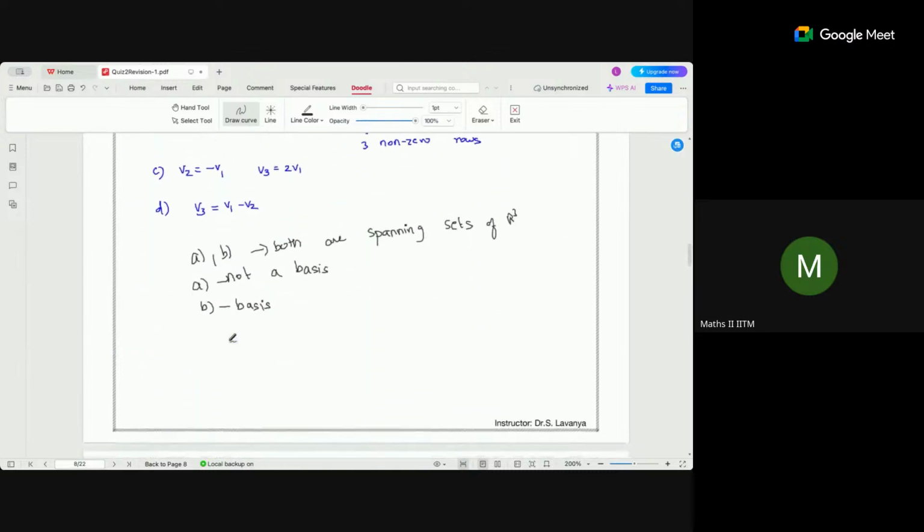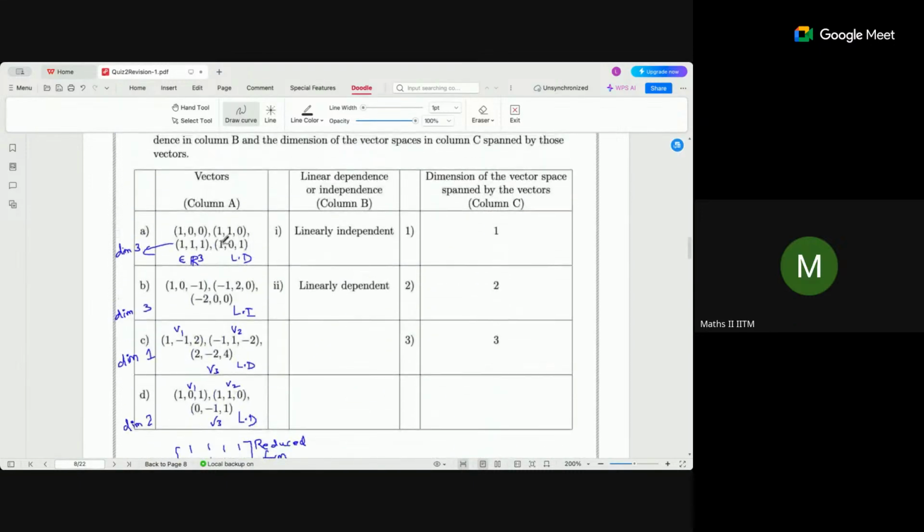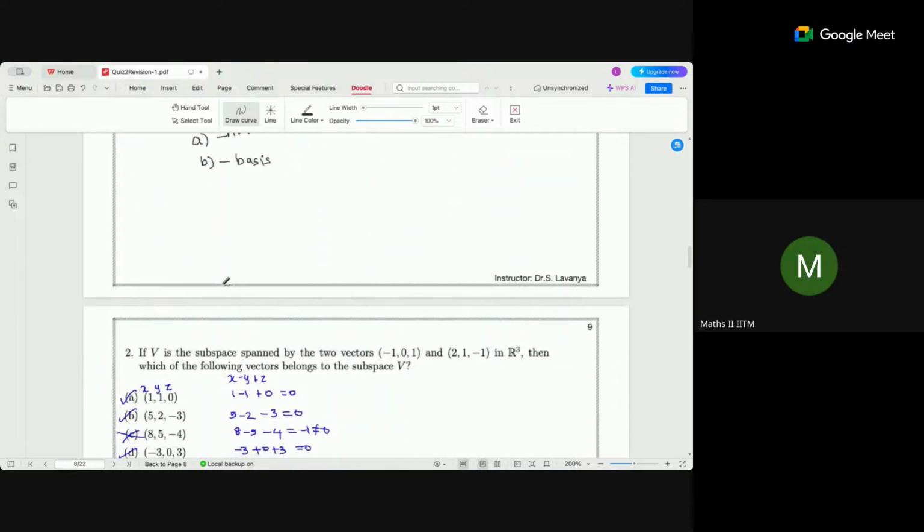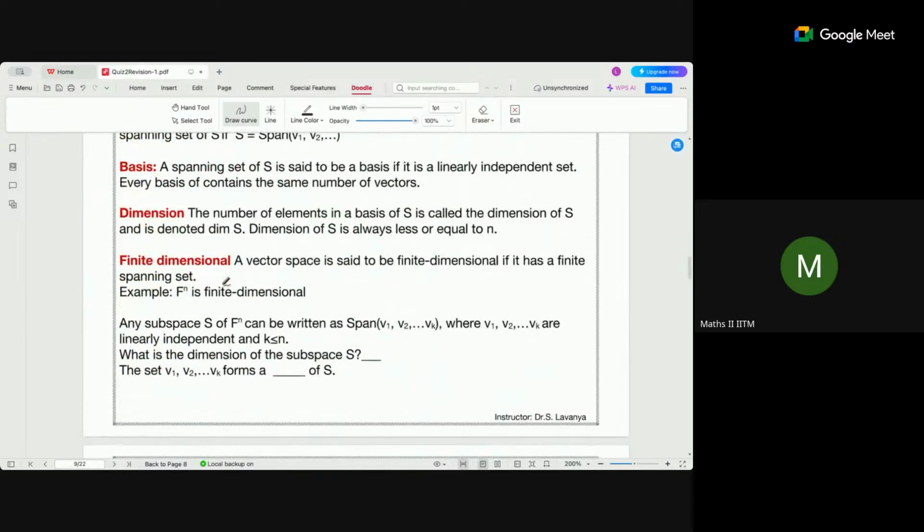A spanning set need not have the same number of vectors, but if you take any basis, then it should have the same number of vectors. A spanning set can have a different number of vectors. Okay, fine. Now what is the dimension? The number of elements in a basis is called the dimension. So the dimension of S is always less than or equal to n.